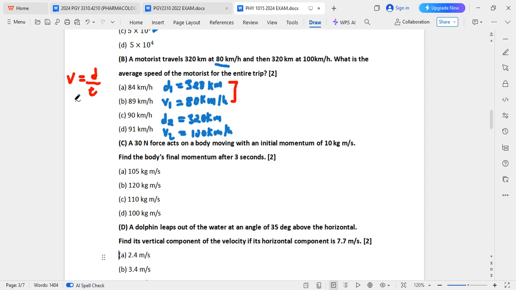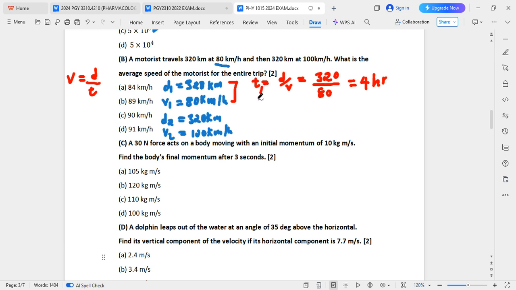Using the same equation, v is equal to d over t, we can rearrange it, and that will give us time being equal to distance over velocity. The distance covered in the first period is 320, and the velocity is 80. So 320 over 80 is going to give us 4. Remember, this is going to be in hours.